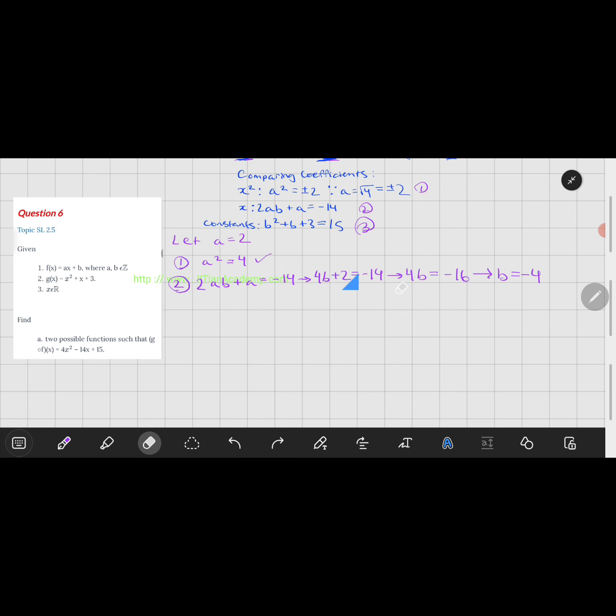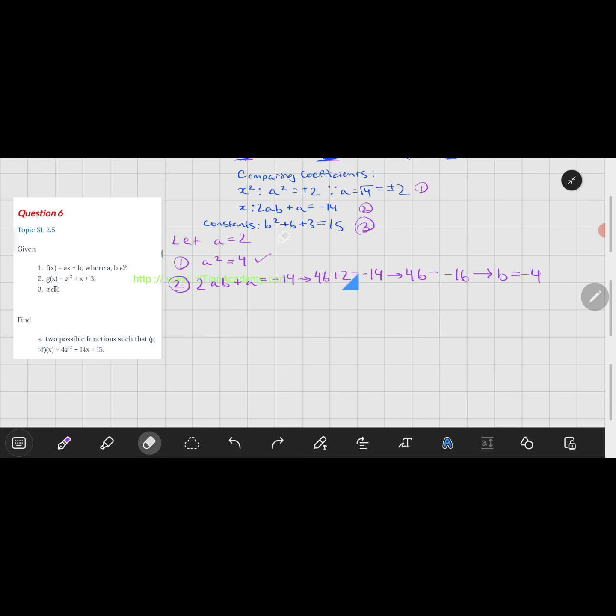Then if we continue to collect like terms and simplify, we first substitute a, and we get 4b plus 2 is equal to negative 14. We can subtract 2 from both sides, so that 4b is equal to negative 16, and we find that b is equal to negative 4.